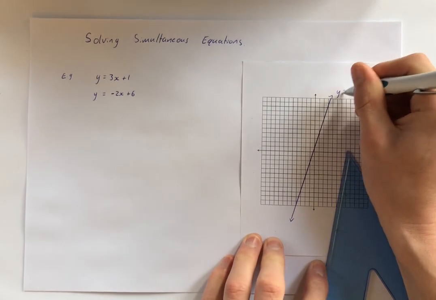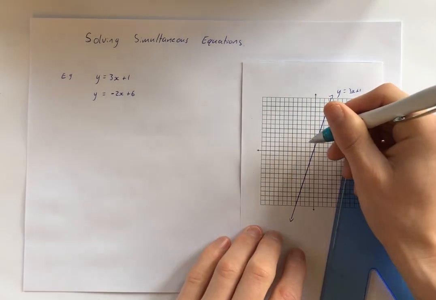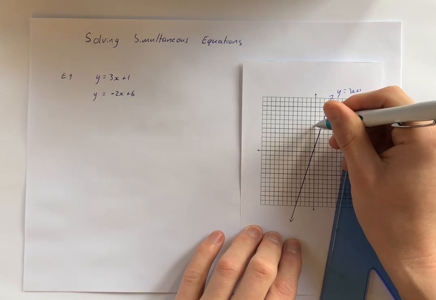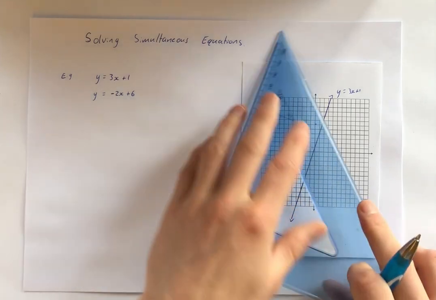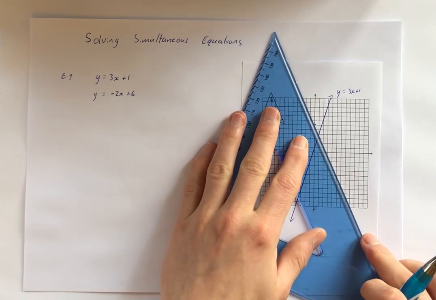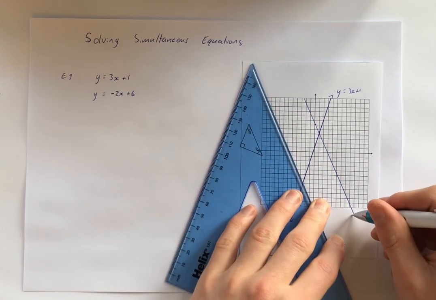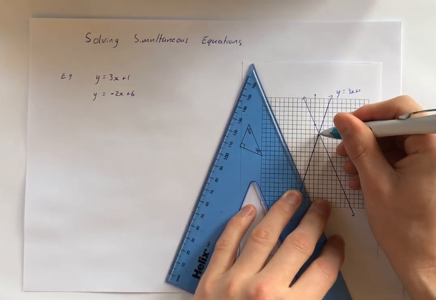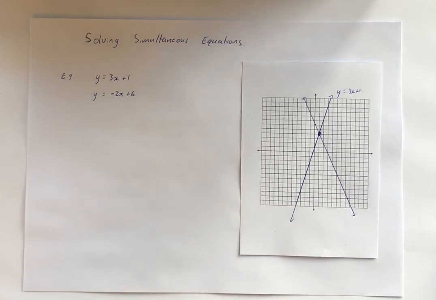That's y equals 3x plus 1. And this other equation goes through positive 6 and has a gradient of negative 2. So we can see here that that is the point of intersection.